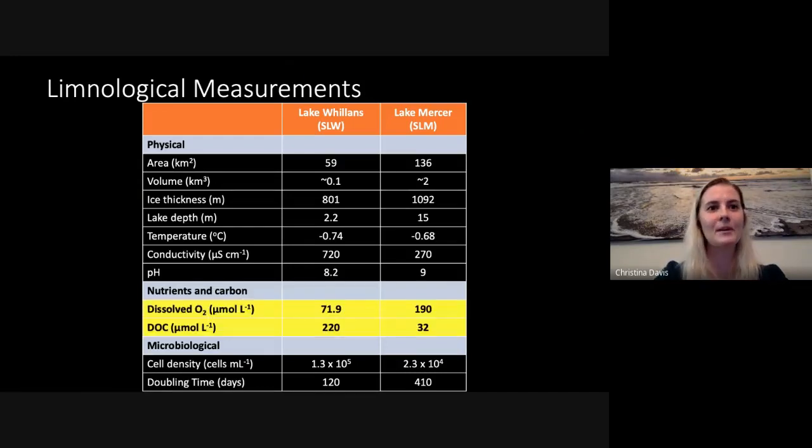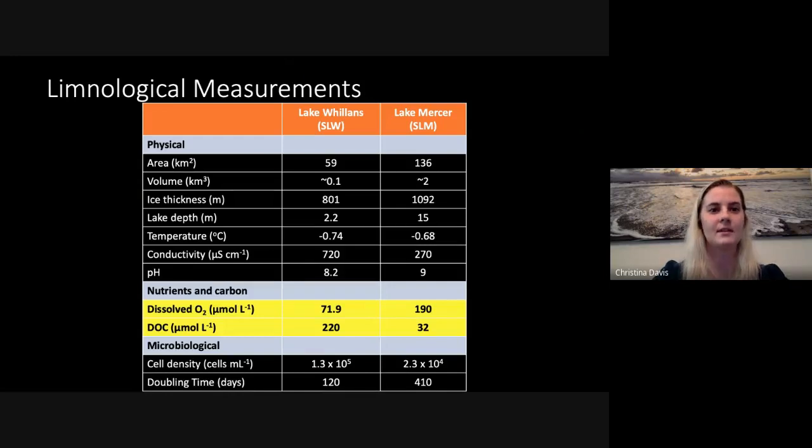The important measurements, potentially for the microbes, were the dissolved oxygen concentrations and the dissolved organic carbon concentrations between the two lakes. So in Willans, they measured lower oxygen concentrations, but much higher dissolved organic carbon.